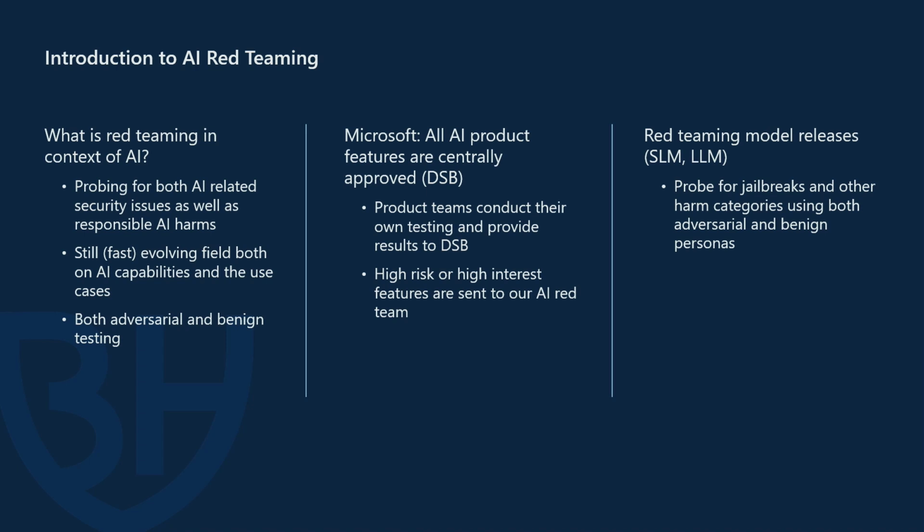We really probe for any sort of vulnerabilities related to AI, which could be traditional security, but obviously also a lot of these new harms, content harms, that sort of thing. I think the security issues really stem from this whole thing being fairly new and being built into existing software. You've probably heard about tool use.